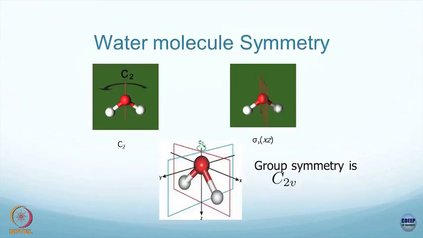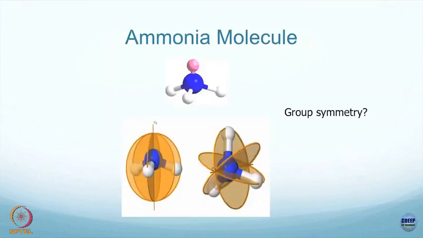For example, in the examples which I talked about, the principal axis is only the two-fold axis, rotation by 2 pi by 2. If you look at the ammonia molecule, you can see that the principal axis is a 2 pi by 3 rotation.